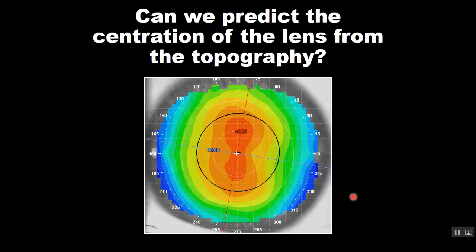And I would argue that this is a pretty symmetric eye. So I'm thinking before we start Ortho-K that I should be able to center an Ortho-K lens pretty well on this cornea. In other words, this cornea should be fairly forgiving and we should be able to achieve decent centration if our specifications of lens are relatively close.